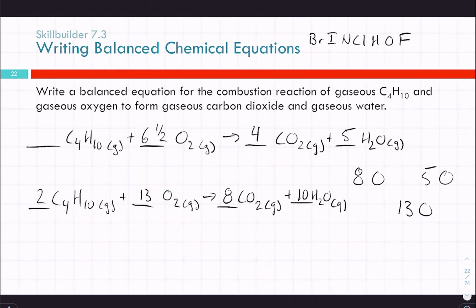So when we multiply the whole thing by 2, how come the 4 next to the C and the 10 don't change? Good question. Those don't change because that's the definition of the molecule. It would be kind of like adding extra letters to a word. It changes the word.